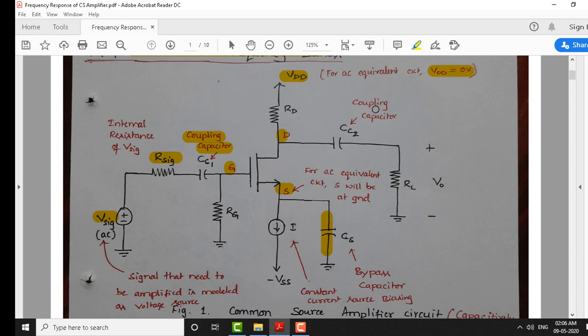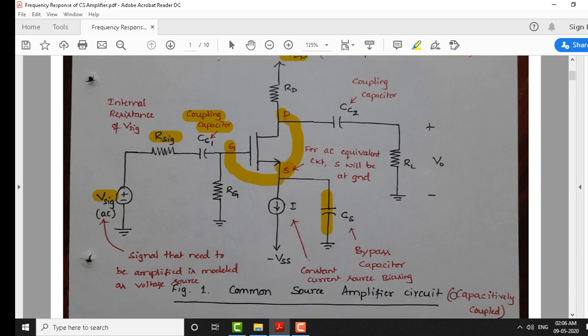Therefore, the input signal is applied between the gate and source, and the output is measured between the drain and source. The source terminal serves as a common point between the input AC signal and the output amplified signal. Therefore, this circuit is called a common source amplifier circuit.